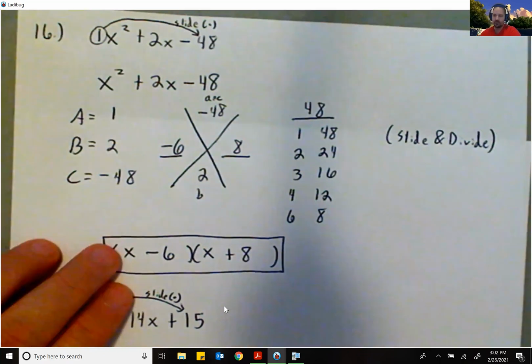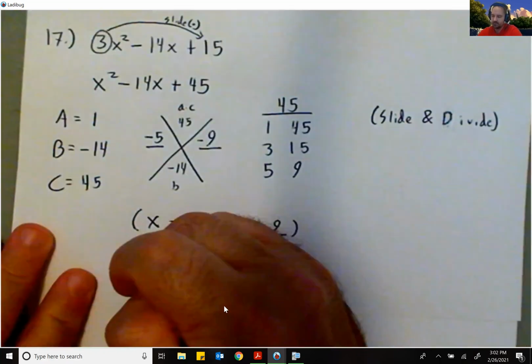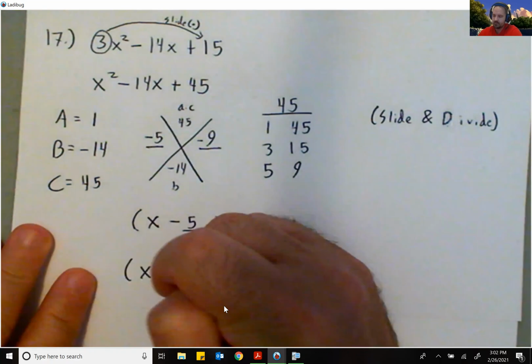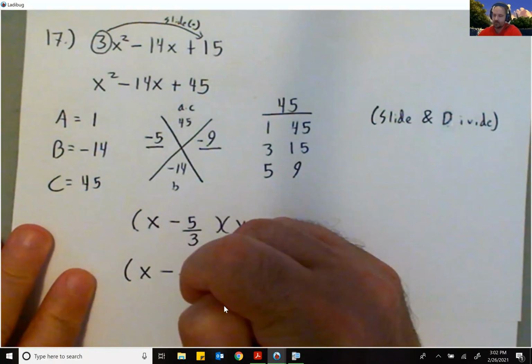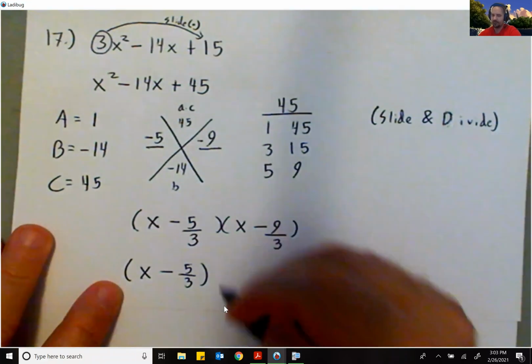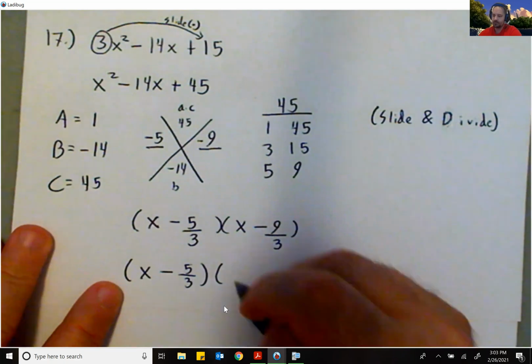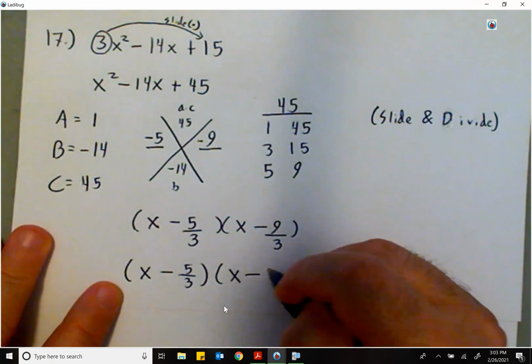That's why we didn't have to do it before. So let's do some reducing. 5 over 3 does not reduce. But what is 9 divided by 3? This is 3, right? Yep.